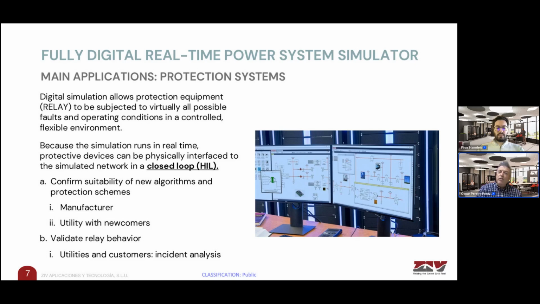So we ask the utility for the data to model, to virtualize the network, and with the oscillographs that the utility recorded in the real fault, we repeat the situation in the laboratory, and we will be able to determine whether the relay tripped correctly or not, or due to which reasons the delay was bigger than expected, etc. So just remember these two main points that we focus on regarding the relays: the testing of new algorithms, and to validate the behavior of the relays under an incident situation.